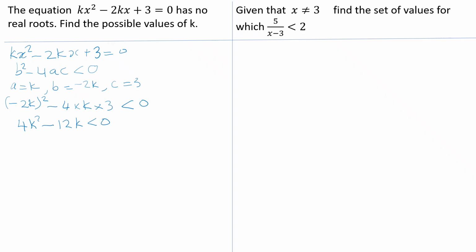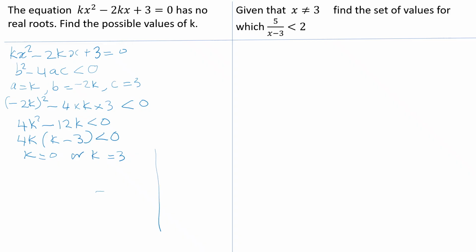Now factorize: 4k times k minus 3 less than 0. If you equate this to 0, k equals 0 or k equals 3.